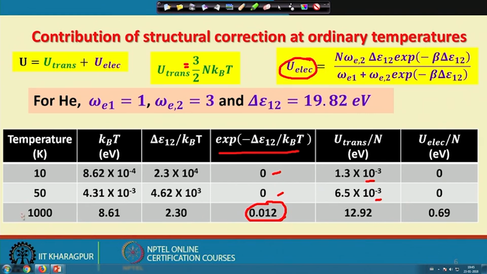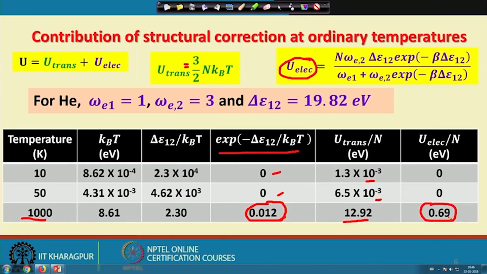Now, when I come to 1000 Kelvin, what happens is U trans is now about 13 electron volt, but as you see that there is some small but finite correction coming from the underlying electronic structure, which is about 0.7 electron volt.